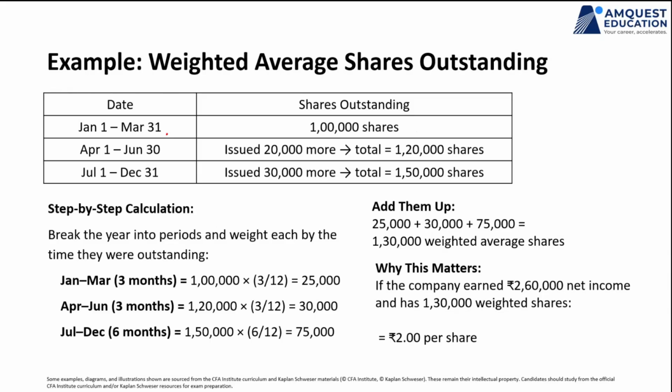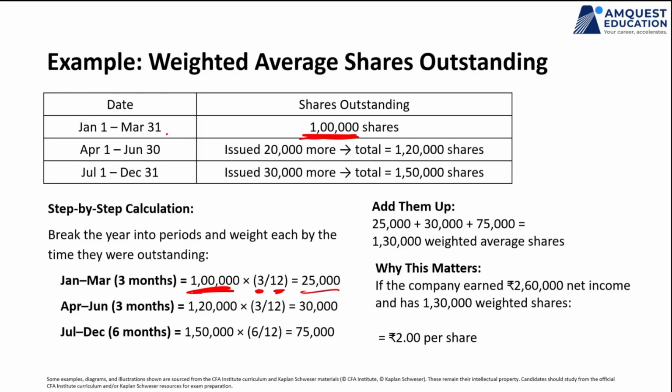So the weighted average calculation says the 100,000 shares were outstanding for 3 months out of a total of 12 months. So the weighted average number is 25,000.